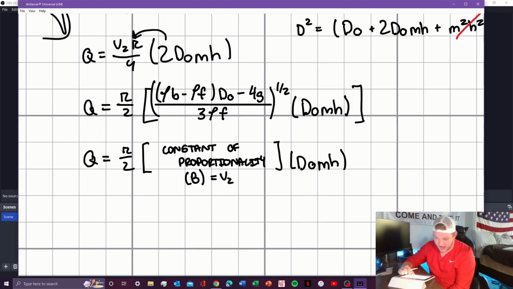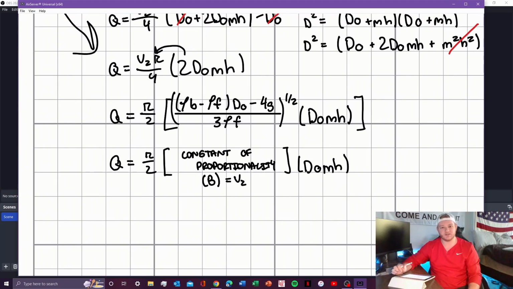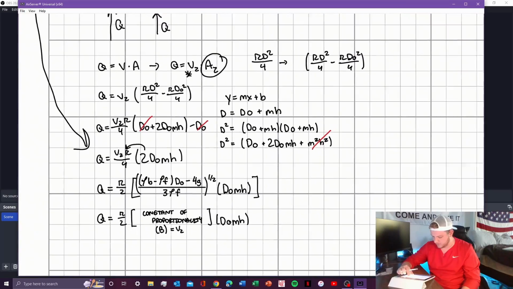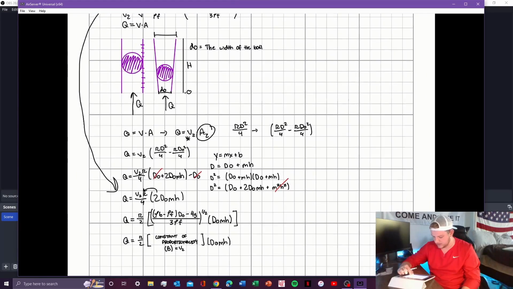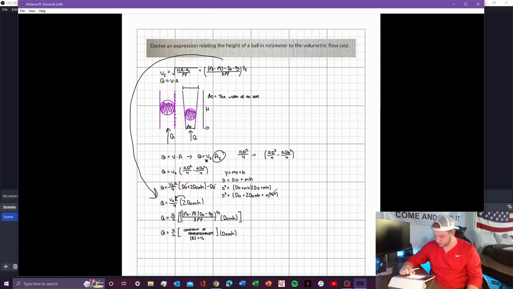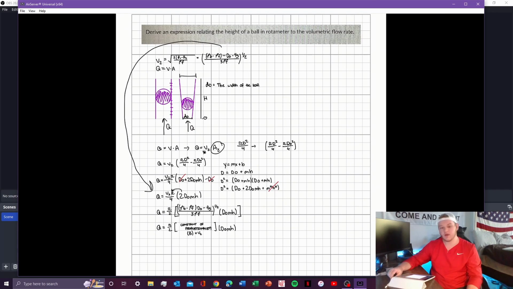So when you go to buy a rotometer, it will actually tell you on the package what your constant of proportionality is before you even get it. So that is the equation relating the flow rate to the height of the bead in the rotometer. We also learned about the constant of proportionality. Thank you very much.